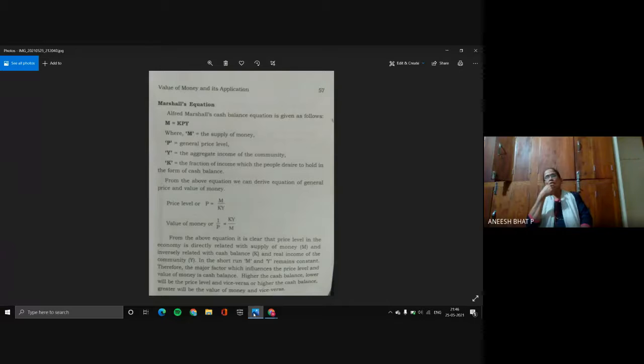That whole equation we explained. Next part I'll put in this classroom so that you can write down those notes also, the diagram, and the remaining notes. Later you can write the cash balance approach.